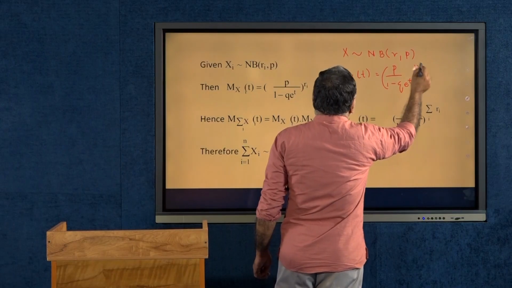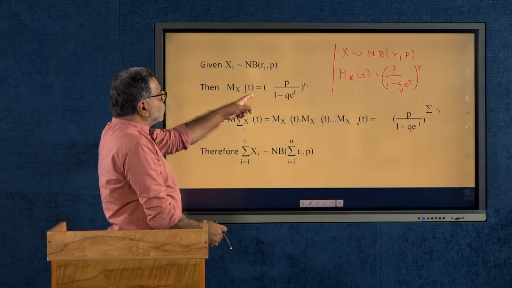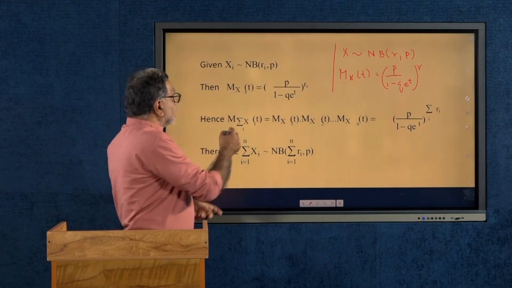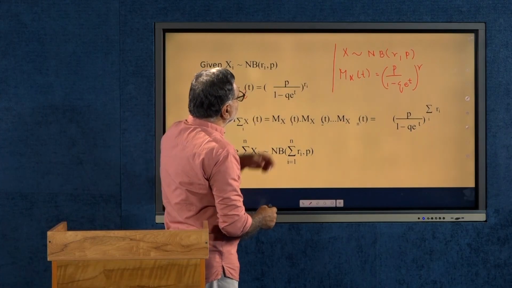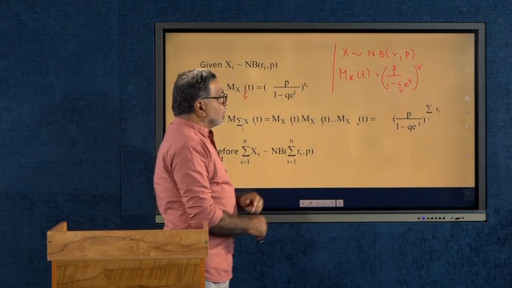This is the expression we established. So the moment generating function of the random variable xi is equal to p divided by 1 minus q e power t all power ri, instead of r we have ri.